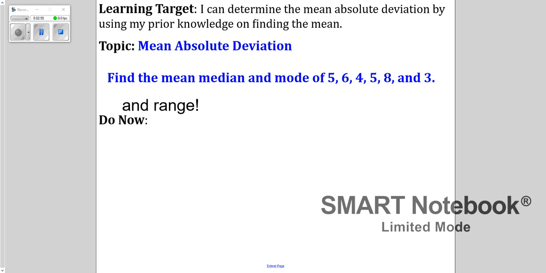Okay, so the mean, remember that to find the mean, you need to do the sum over n, which is how many there are. So to find the sum, we add up all the numbers. You can write that here if you want, or you can just do it in your calculator, or do it off to the side. 5 plus 6 plus 4 plus 5 plus 8 plus 3, 31.